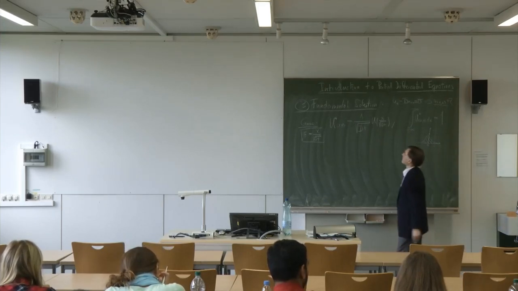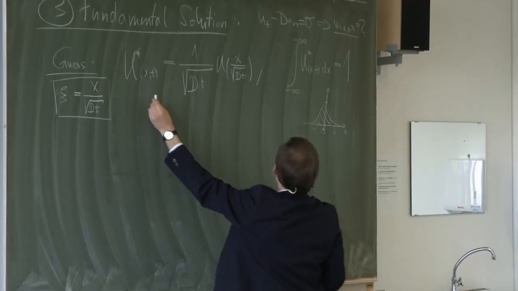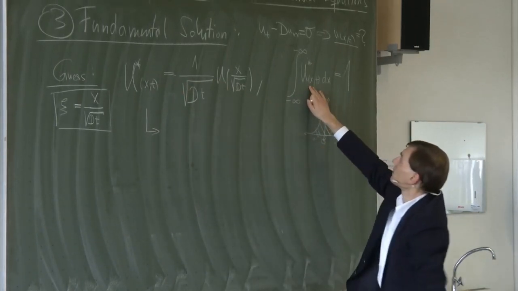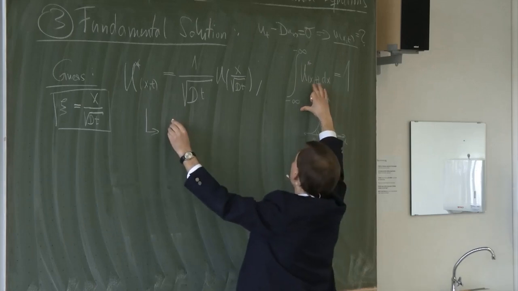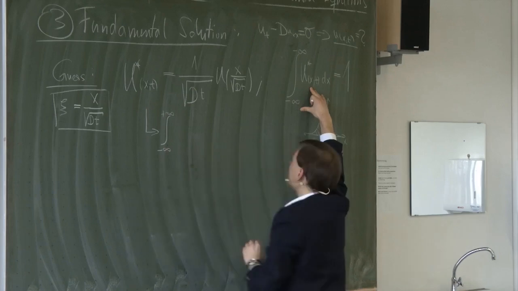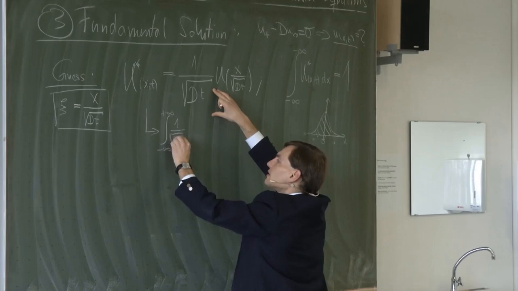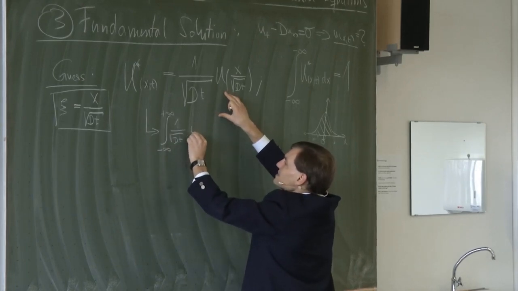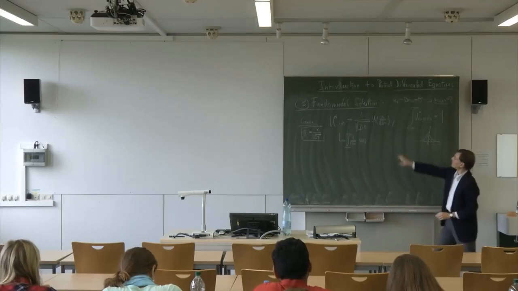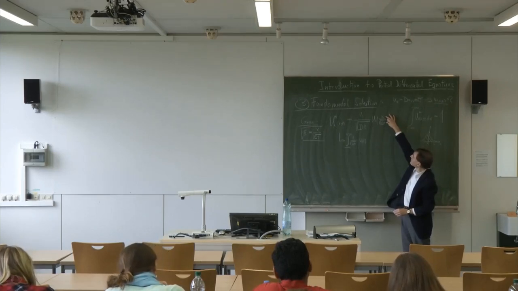And now, in the next step, if I do this, I can write down this solution under this condition as follows. I can say, well, the integral from minus infinity to plus infinity of 1 over square root dt times the function dependent on xi, because this is my xi variable, which I already defined, x over square root dt.